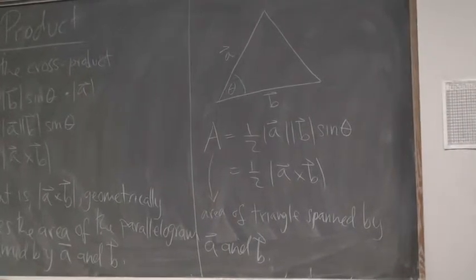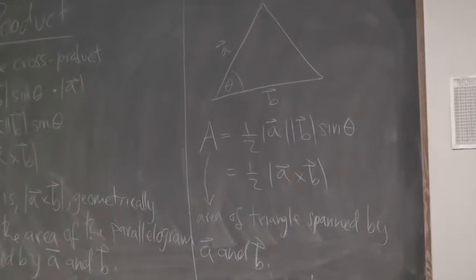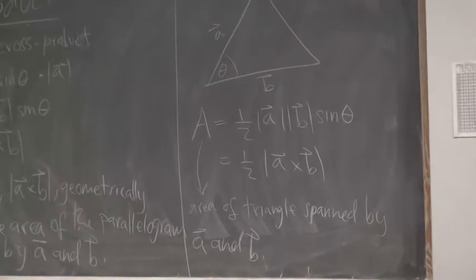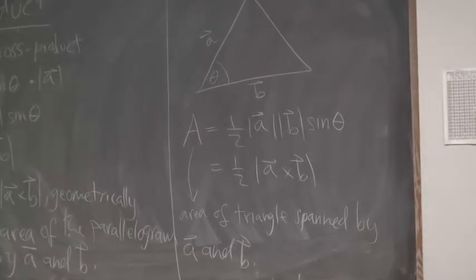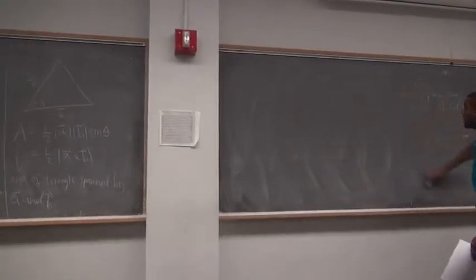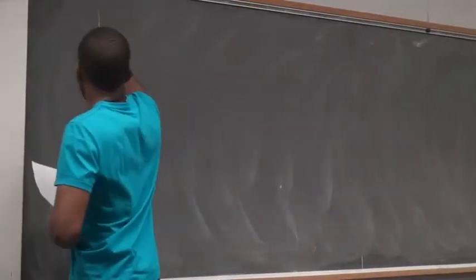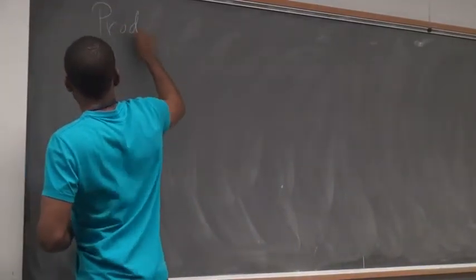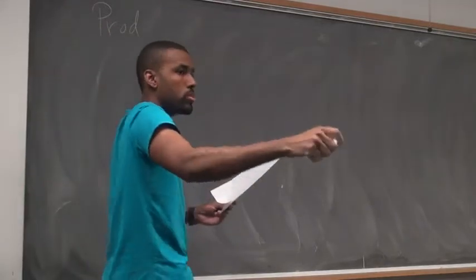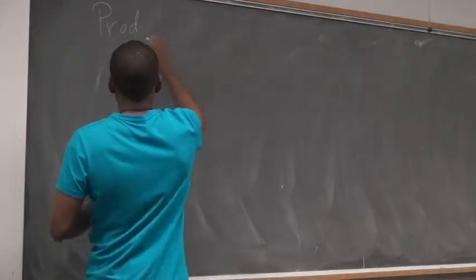Now we're going to do the properties, similar to how we did the properties for the dot product, to find out what sort of algebraic properties it possesses. Probably the most important fact right off the bat is that the cross product is actually not commutative, right? The dot product was, but the cross product isn't.